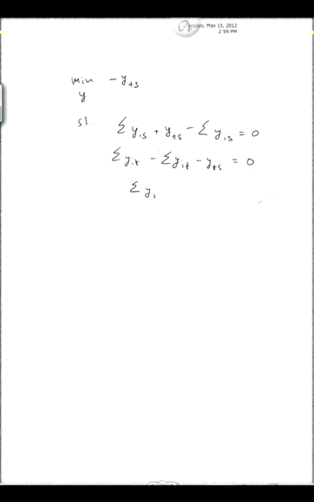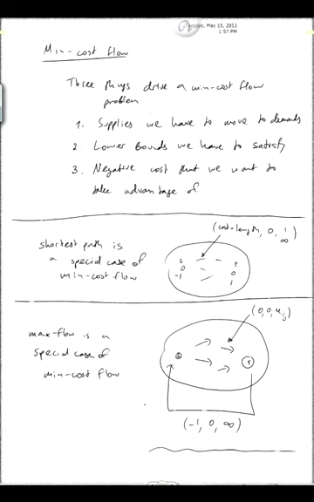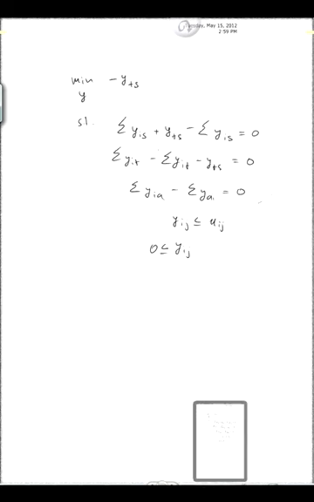And everywhere else we have things coming into a node, things going out of a node is equal to 0. We have our upper bounds and our non-negativity constraints. So this is the linear program for the minimum cost flow problem described by this graph.